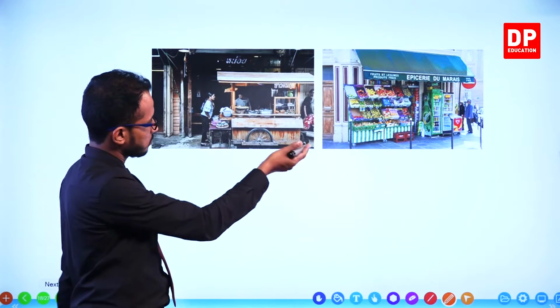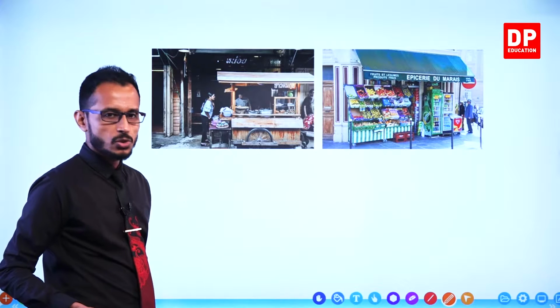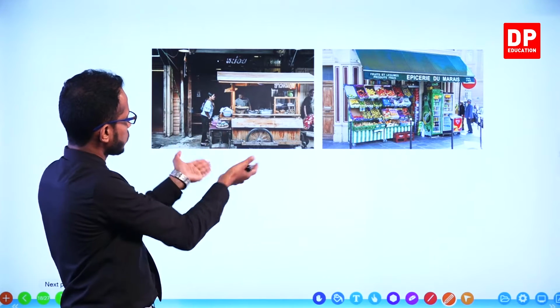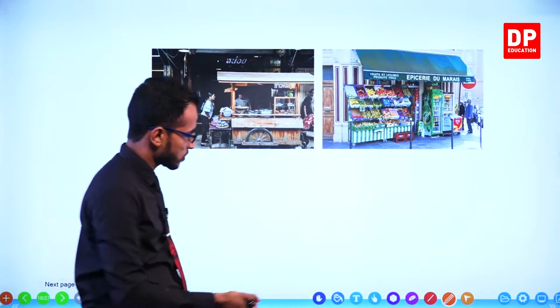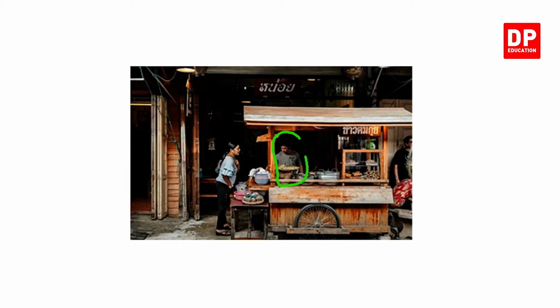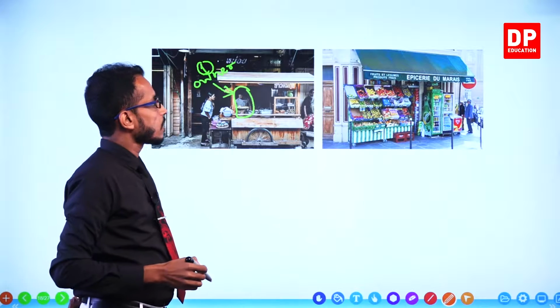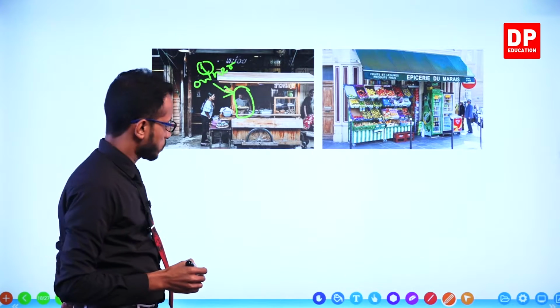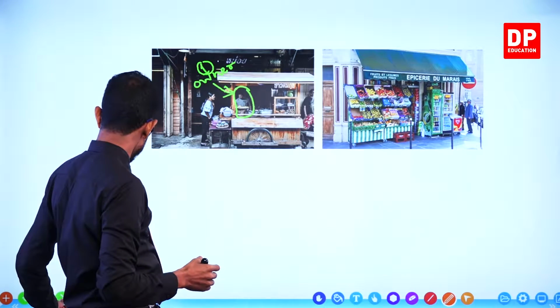Again, pictures showing small sole proprietorship businesses. One owner businesses. Done.